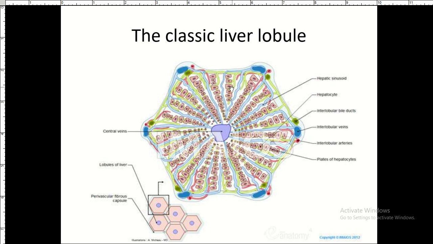So the classification of a liver lobule emphasizes the endocrine function of the liver, because as the blood is moving towards the central vein, these hepatocytes will be secreting into the blood, right? The endocrine function.